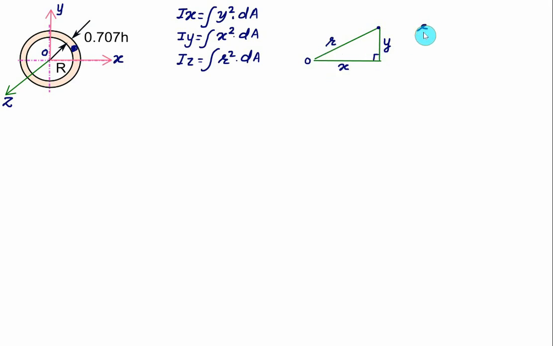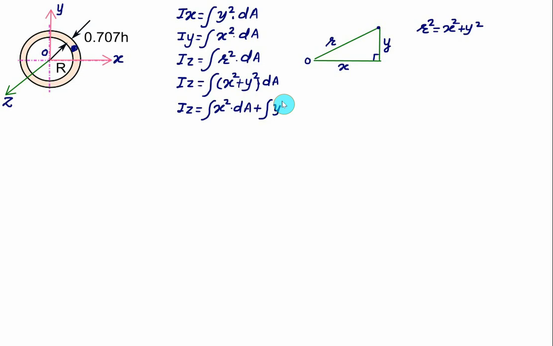Since r square is equal to x square plus y square, we can replace it in Iz, and we have Iz equal to the integral of x square plus y square multiplied by dA. We can write this integral as the integral of x square dA plus the integral of y square dA. That is, Iz is equal to Ix plus Iy.